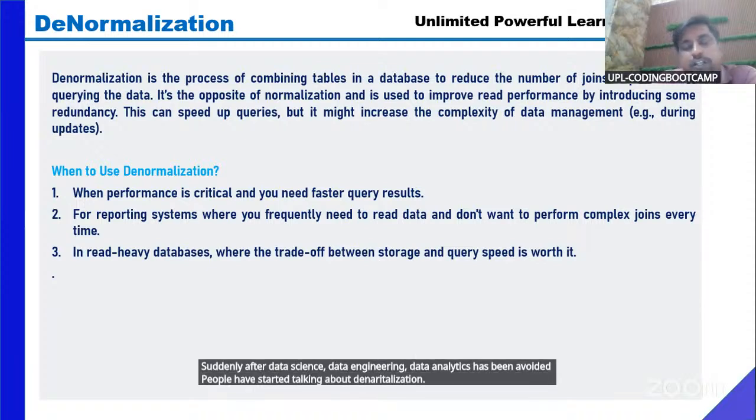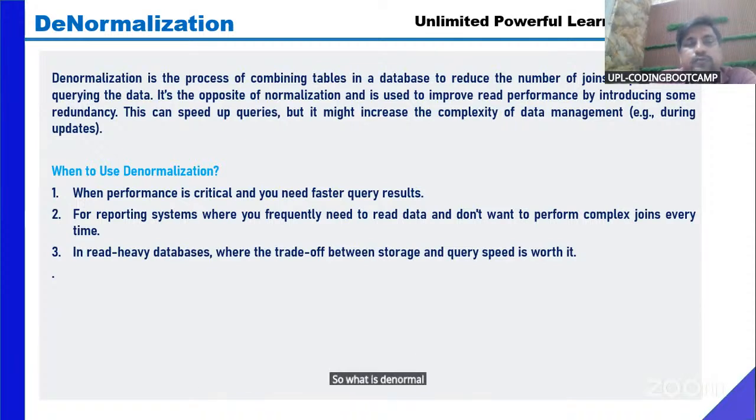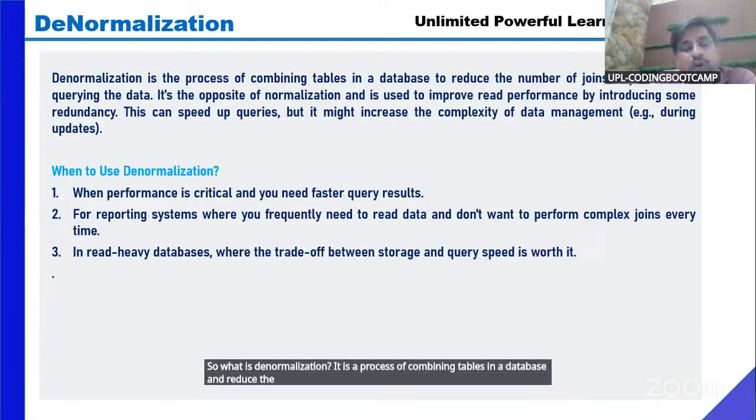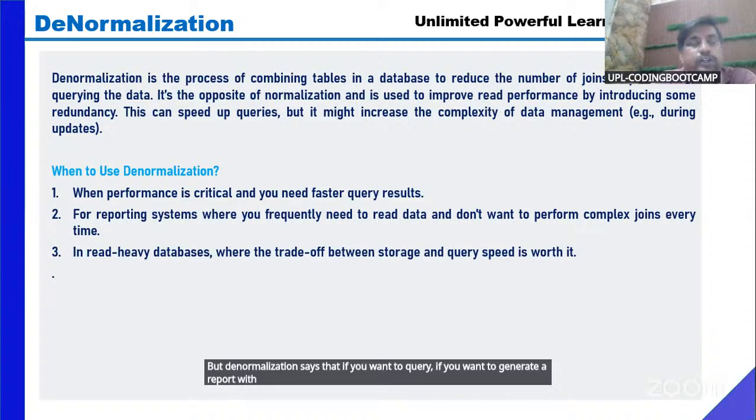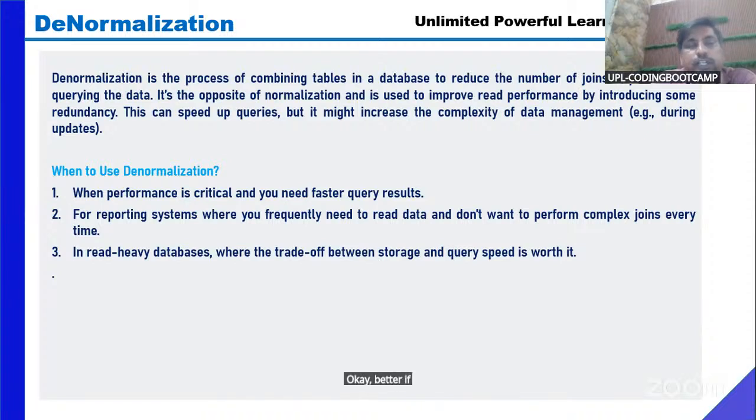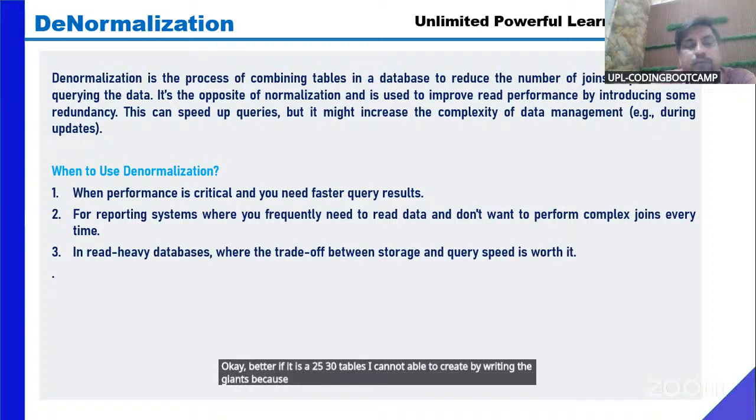So what is denormalization? It is the process of combining tables in a database to reduce the number of joins. Normalization says create a number of unique tables. But denormalization says that if you want to generate a report with 100 or 200 columns from 25 or 30 tables, I cannot create it by writing joins because there will be a performance issue.